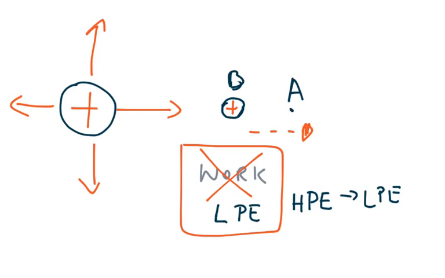So the high energy location for the positive test charge is the location closest to the positive source charge, and the low location is far away. So every single time we have the charge right here close to the positive charge, that's high potential energy, and the farther we go, the lower the potential energy.